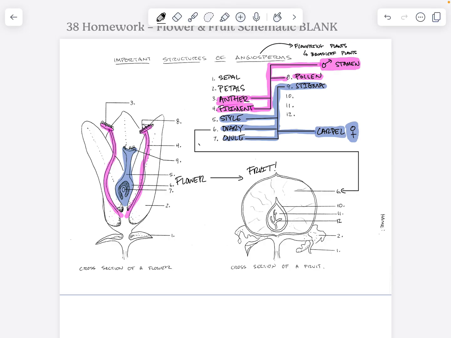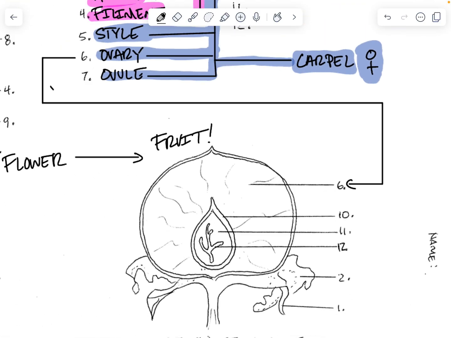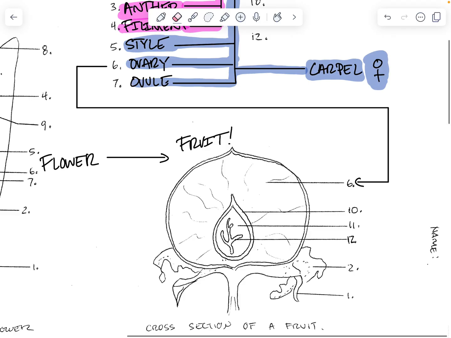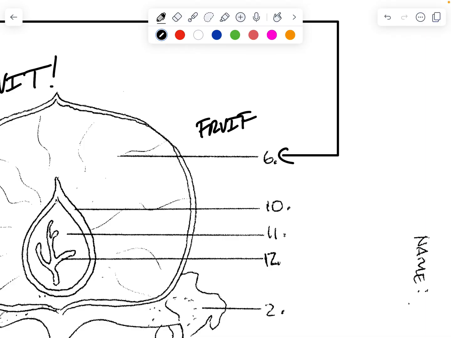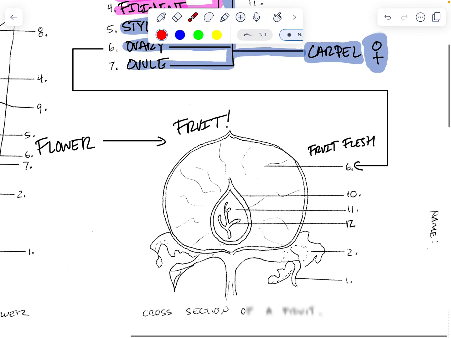What you might not know as well is that in addition to being the ovary, number 6 is also the fruit flesh. Usually the part of the fruit that you eat. So for example, if this was an apple, this would be the part of the apple that you eat. And what you're eating is actually plant ovaries.